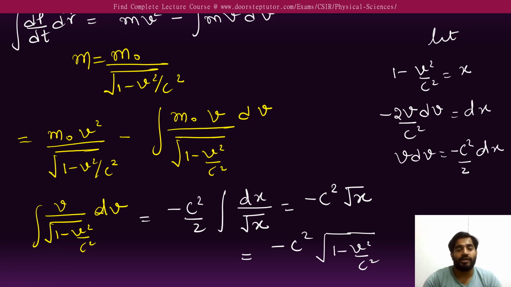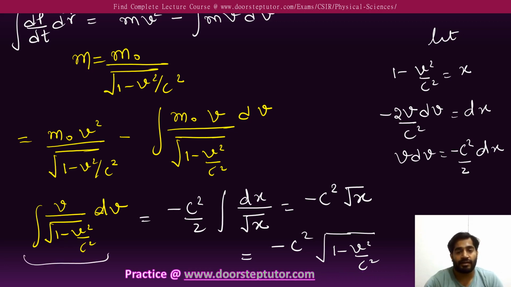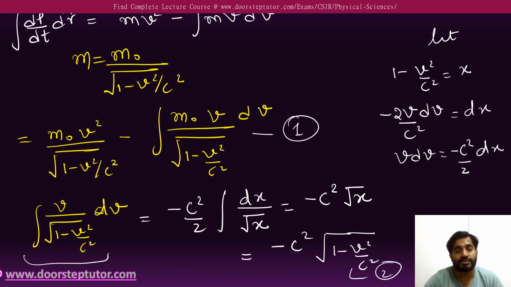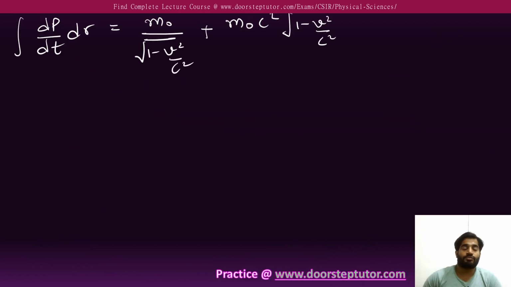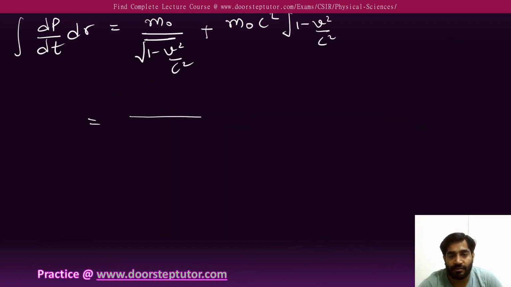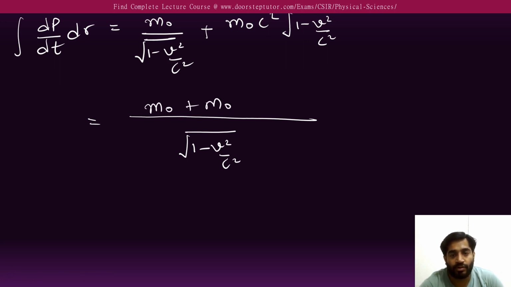So the value of this term is simply this one. Let this be the first equation and this the second equation. If I put the second in the first, this is the integration we got. Now take the LCM, which is root of 1 minus v square over c square, so it becomes m naught v square plus m naught c square times 1 minus v square over c square.